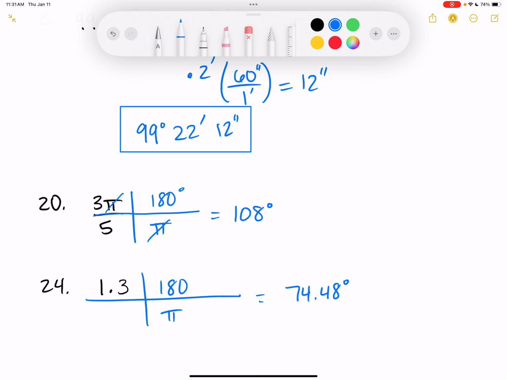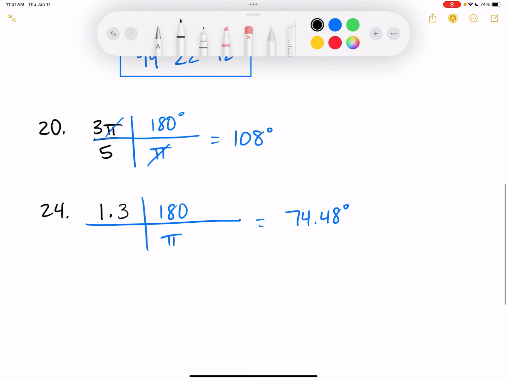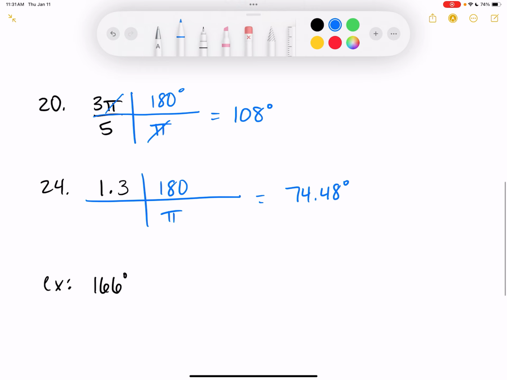Now, just as a refresher, if you were given something in reverse like 166 degrees, and we wanted to convert that, we would have pi over 180. Now, in the past, we've had nice even numbers, and so we've said just reduce and leave the pi in it.